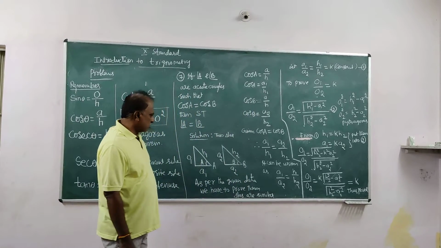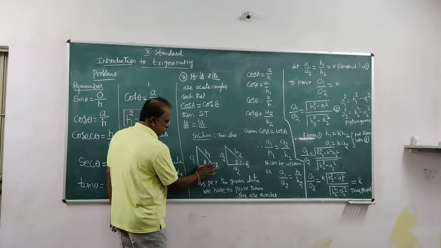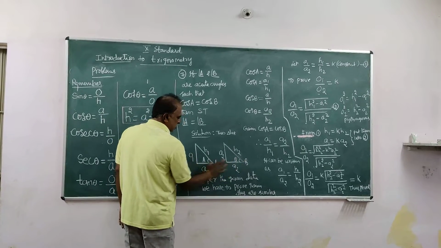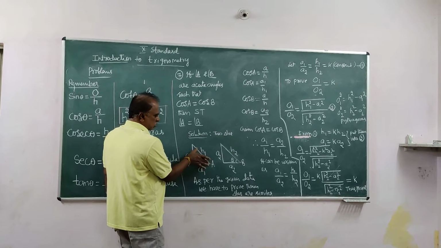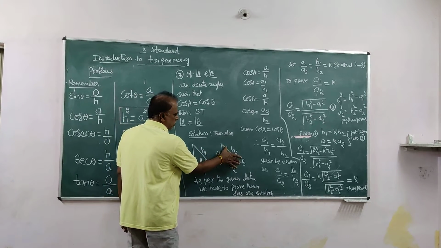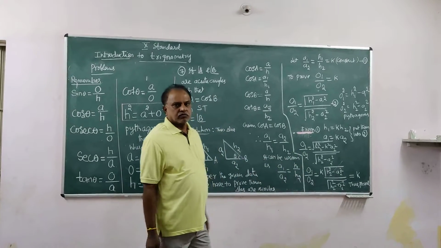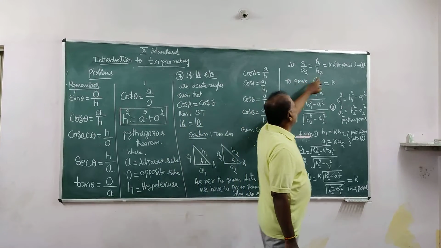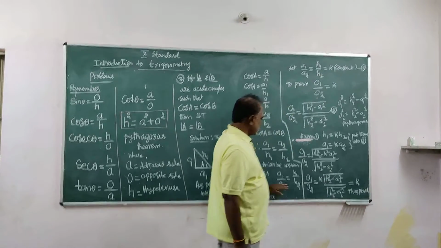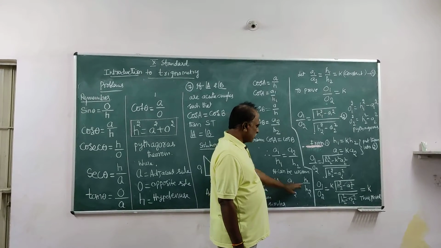Here, there are two different triangles. This is the ratio of the corresponding adjacent sides, and this is the ratio of the corresponding sides, H1 by H2. They are equal, that means constant. Let us write it as the constant value, because if the ratios are same, then it must be a constant value.